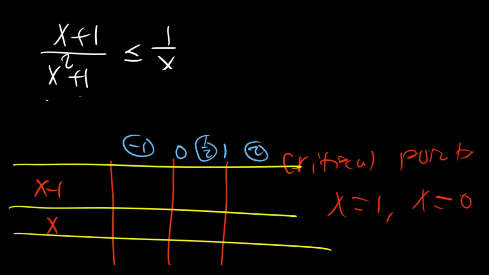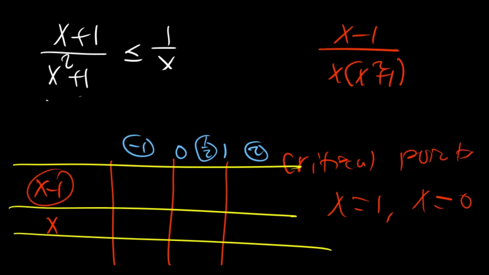You say x minus 1 divided by x, open brackets, x squared plus 1, like this. You can put it down here. If you want, you can just take this and that, you put them down, you choose. You understand? So I have x minus 1, x open bracket, x squared plus 1, like that.